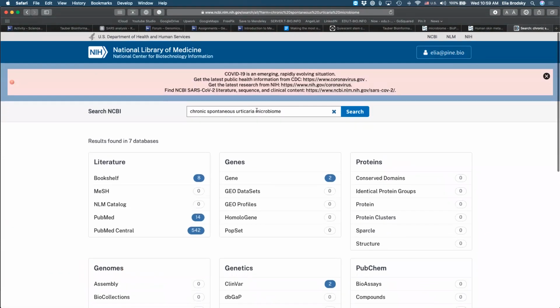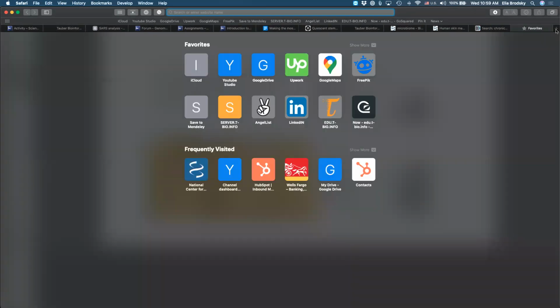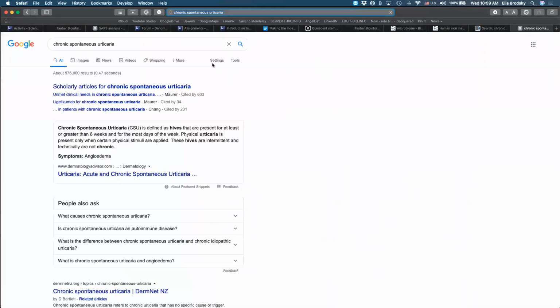I don't know enough about this condition to know if there's a specific term that might be adjusted here. So what is chronic spontaneous urticaria? Okay, hives that are present at least, okay. So what if you look for this?